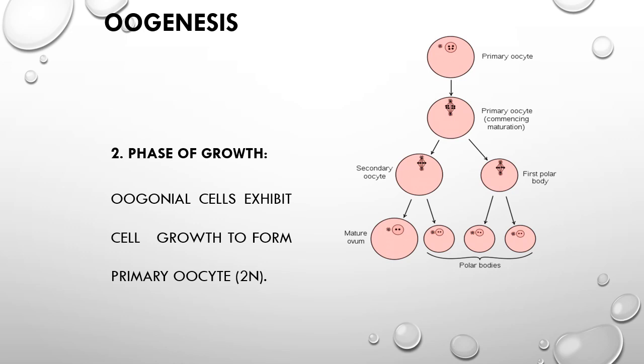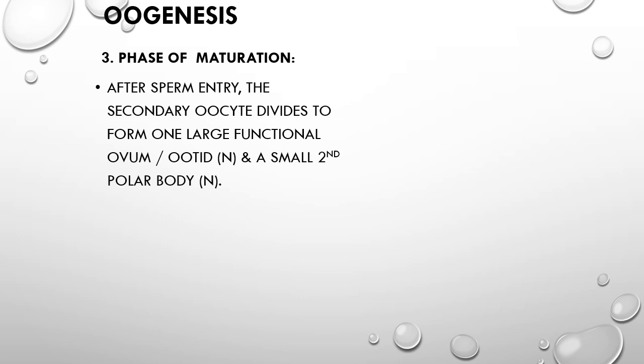So here in the phase of growth, the oogonial cells or egg mother cells increase in their size and now they are called primary oocytes. Next, the third and last most important phase is called the phase of maturation.